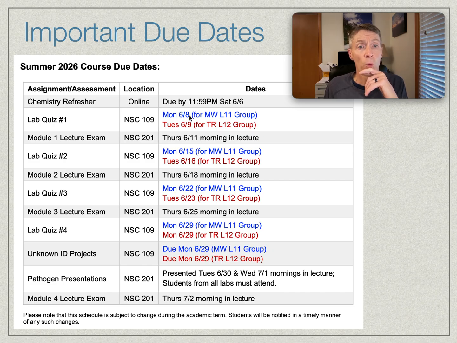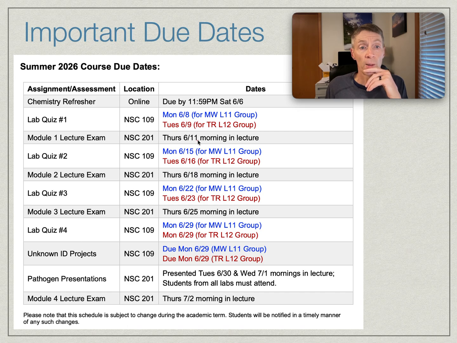And this is 1 week after we met for the first time, right? So for these Monday people, they're going to be taking a quiz on this 2nd Monday. Their first Monday would have been the 1st. We will have met twice before we have our lab quiz, right? Same for the Tuesday, Thursday people. We will have met twice the week prior for this lab quiz.